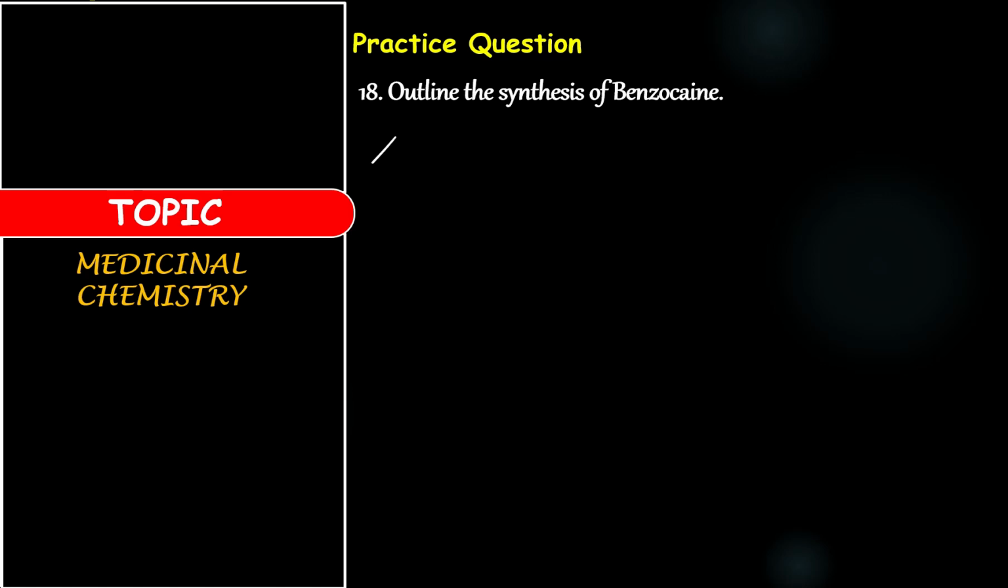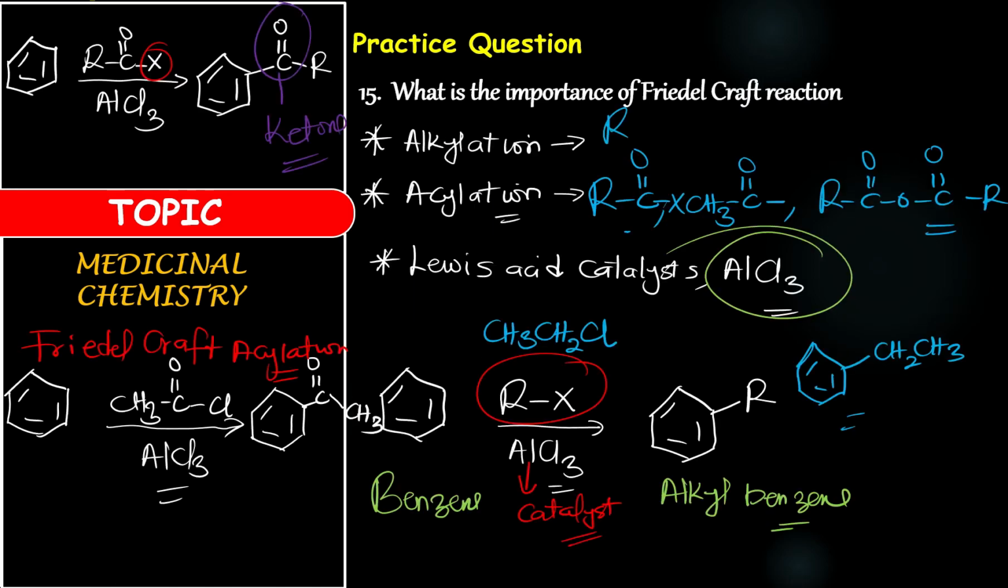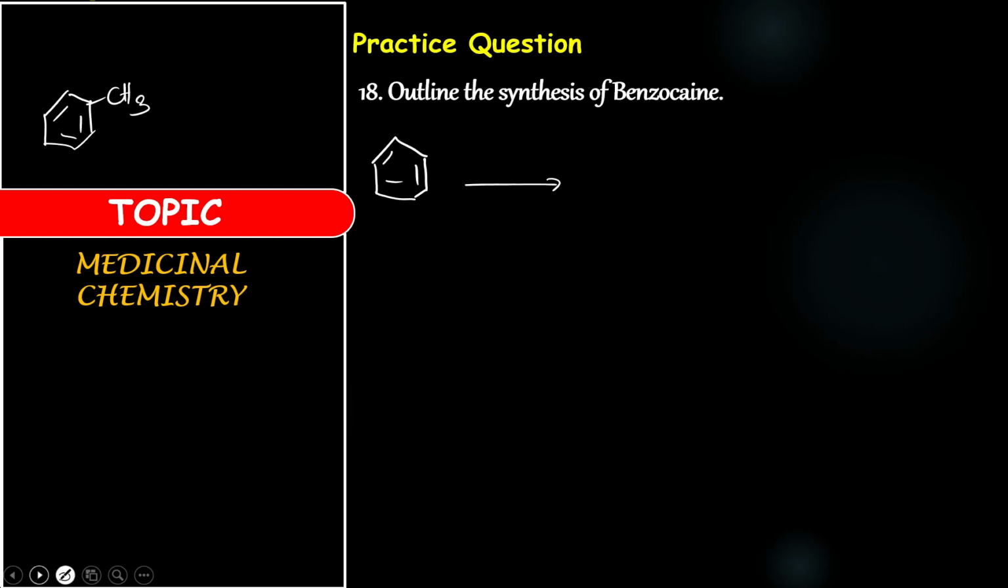So starting with benzene, you have your benzene ring, which is something like this. First of all, we need to get toluene. For us to get toluene, it is something like this, which is CH3. This is where they started in the material. But I've told you just now that you can add alkyl group to benzene ring by Friedel-Crafts alkylation.